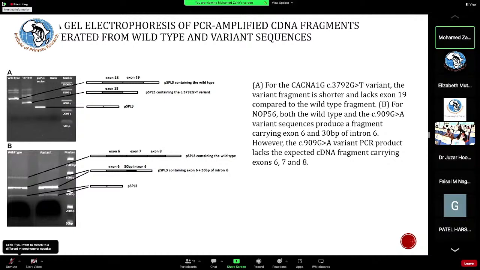At the same time, the mutation in the second variant, which is the 909G, had a specific intron 6 30 base pair retention. So depending on the type of splice variation, you have multiple ways of how this DNA makes changes. You have either regions that are increasing the intronic space or skipping some of these exons that have an influence on how the protein function will be affected.